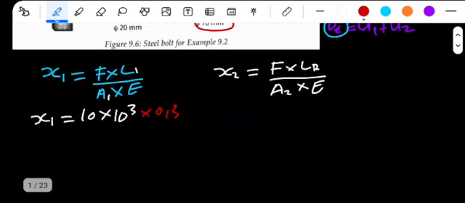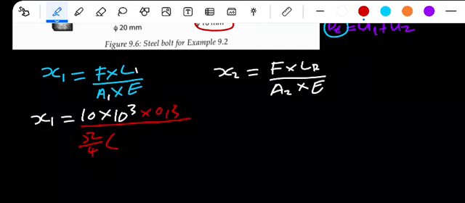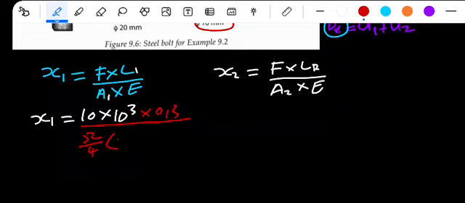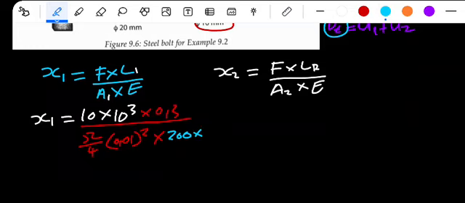The area is pi over 4 multiplied by diameter squared. The diameter is 10, the same as 0.01, then we square that, and multiply by Young's modulus of elasticity, 200 gigapascal times 10 to the power of positive 9.